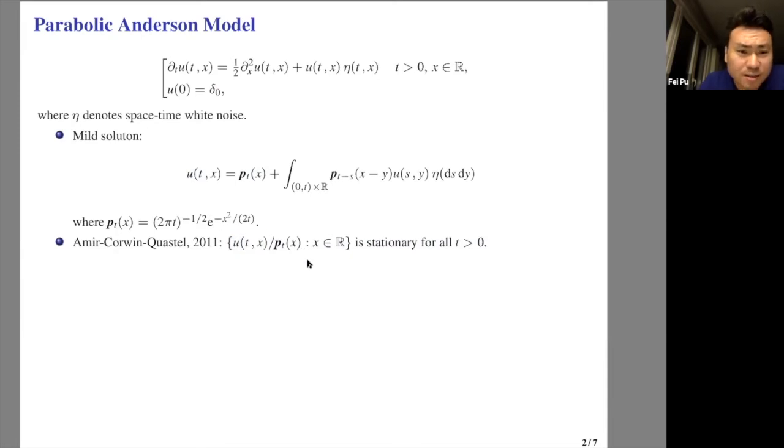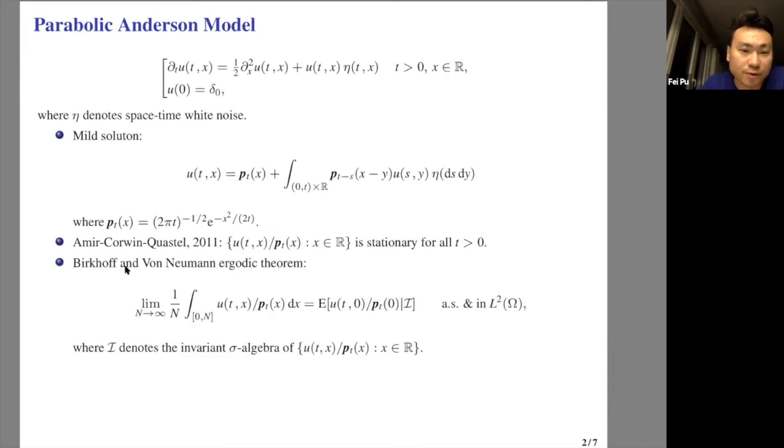And we know that in general, for stationary processes, we have the Birkhoff and von Neumann ergodic theorem. It says the following. For this process, if we integrate over an interval and then divide by n, this is the spatial average.